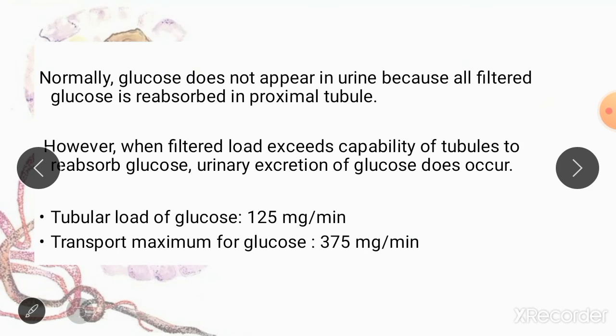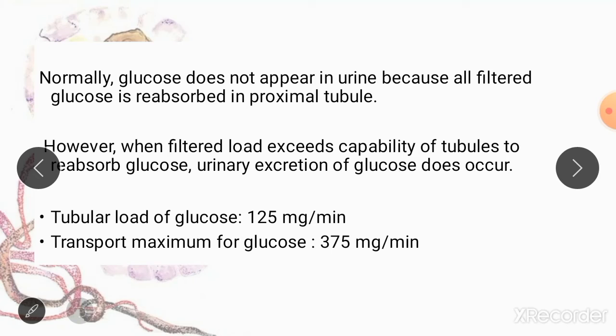Normally transport maximum is seen for glucose in conditions such as diabetes mellitus. In a healthy person, no glucose appears within the urine, and all of it is reabsorbed by the carrier proteins present in the epithelial cells of the nephron.